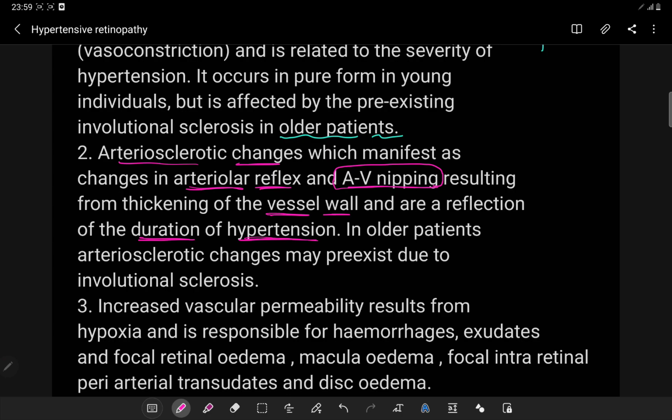That's why arteriosclerotic changes, which manifest as changes in the arteriolar reflex, are signs of chronic hypertension. So in patients with chronic hypertension, we usually have arteriosclerotic changes and AV nipping, which is a very important thing that we have to remember. And in older patients, arteriosclerotic changes may pre-exist due to involutional sclerosis.